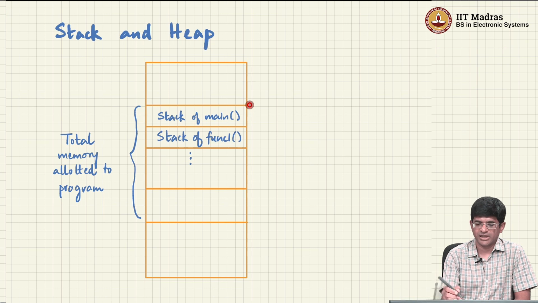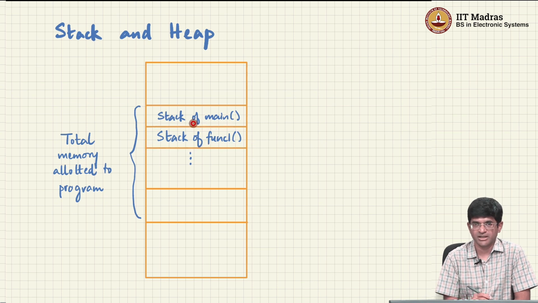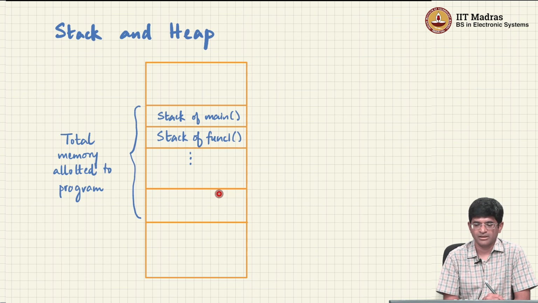Let's say I had another function, that function would in turn get another stack, but only when it is called, right? Remember that the stack frame corresponding to a function is allocated when the function is called and disappears when the function is exited, right? But if I had main which called func1 and then that in turn called some other function and that in turn called some other function, I would end up having stacks growing this way, right?